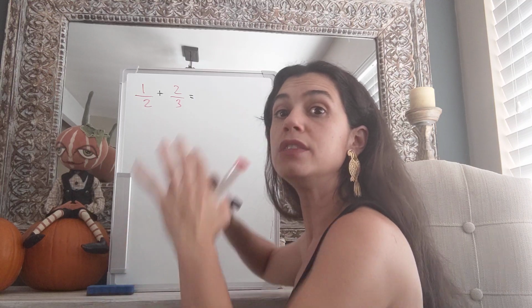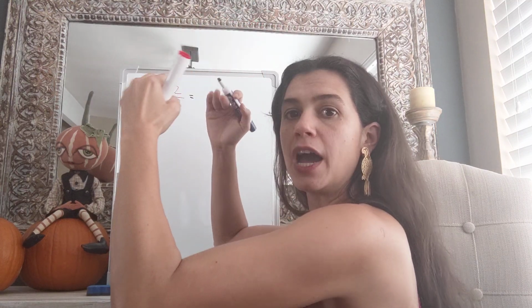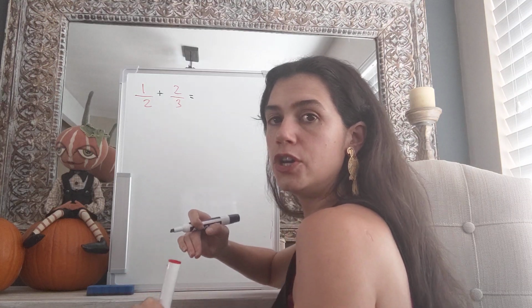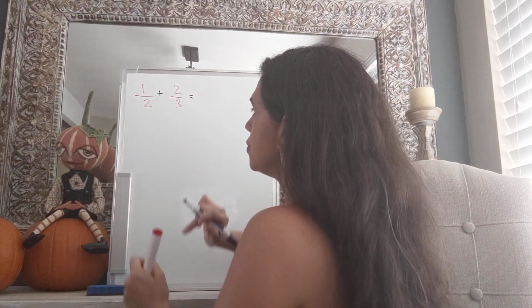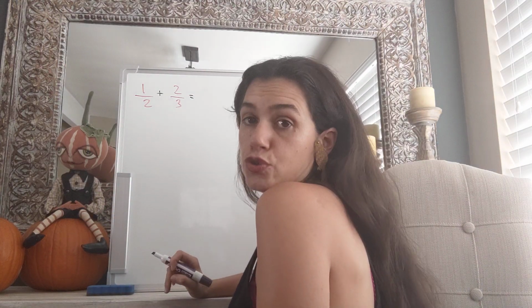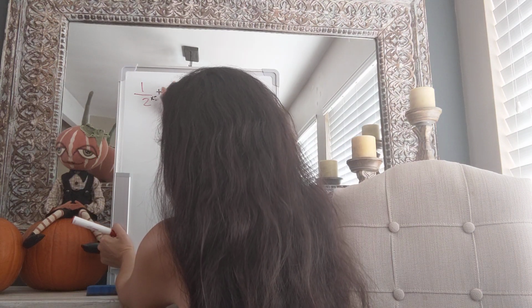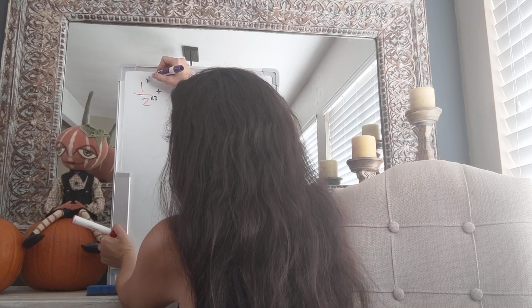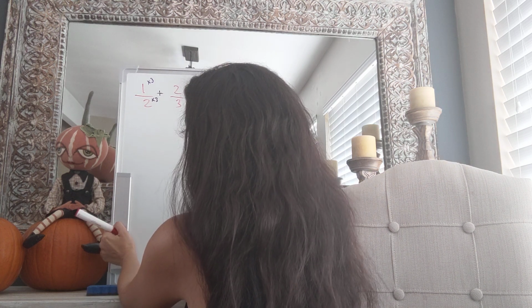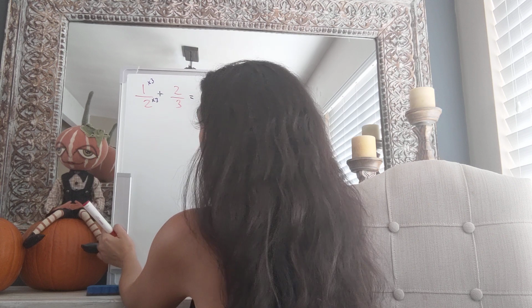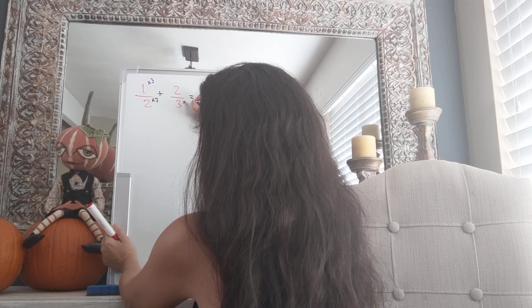Whatever I do in the numerator, which is up, I need to do in the denominator. So if I need to convert 2 into 6, I'm going to multiply it by 3. So here I need to multiply times 3, and whatever I do on the bottom, I'm doing on top. So times 3, times 3.